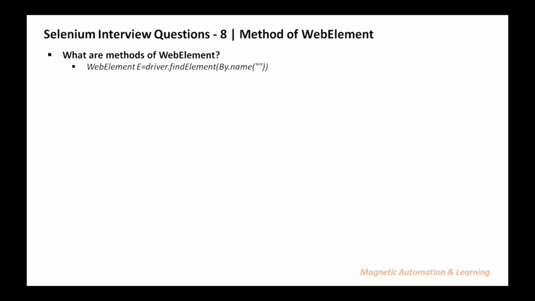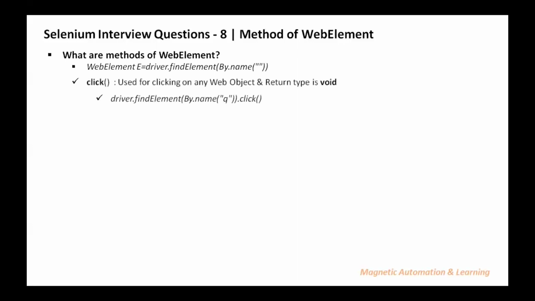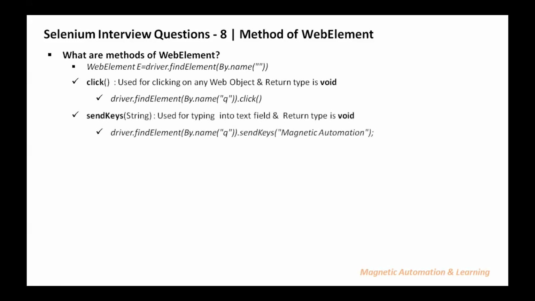Very first method is click. Whenever you want to click on some object, you should use the click method and the return type is void. Another method is send keys. Whenever you want to type some text into the text field, you should use the send keys method.